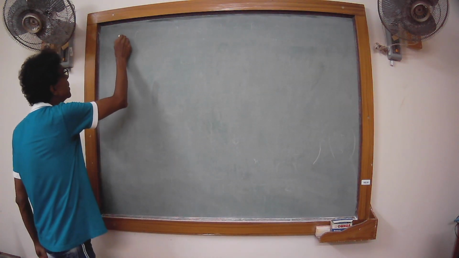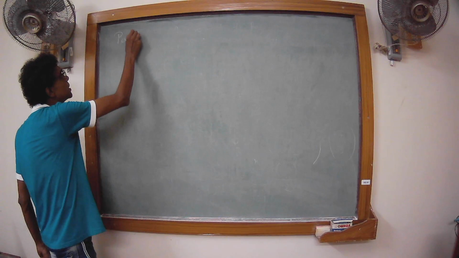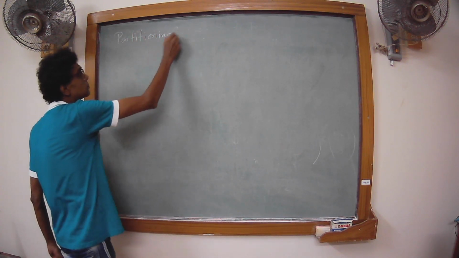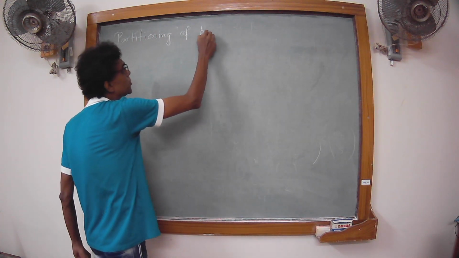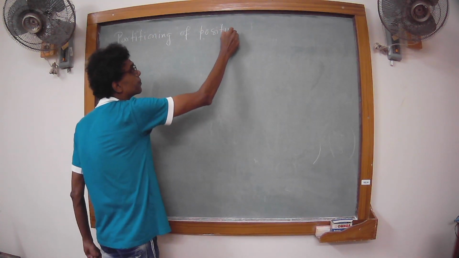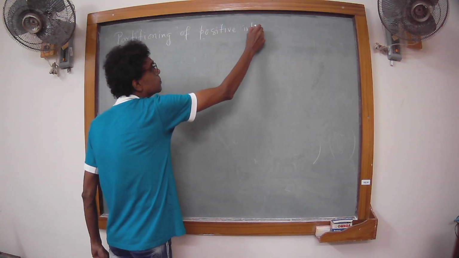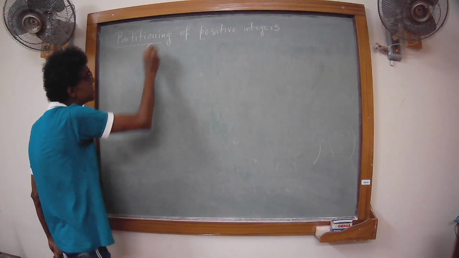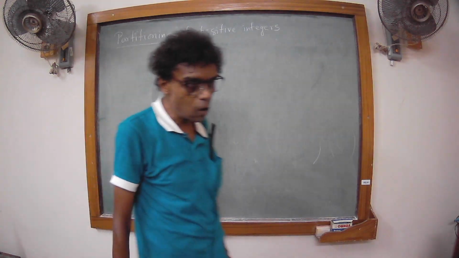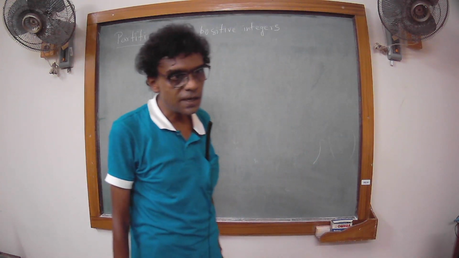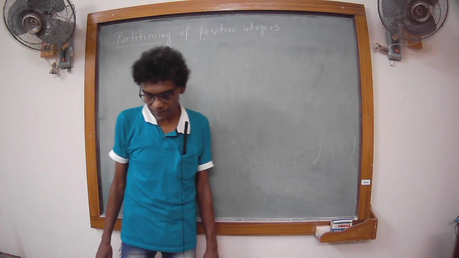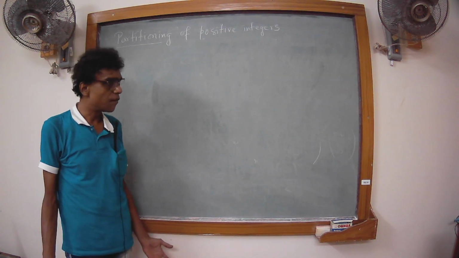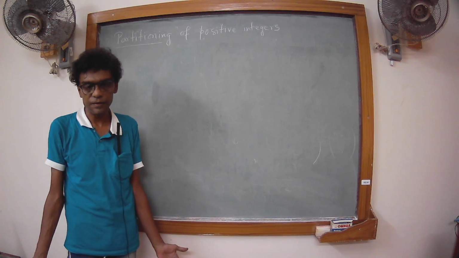This is another example. This deals with what is called partitioning of positive integers. Now, this partitioning deals with in how many ways you can write a given positive integer n as a sum of positive integers.